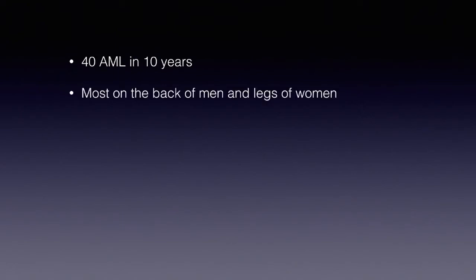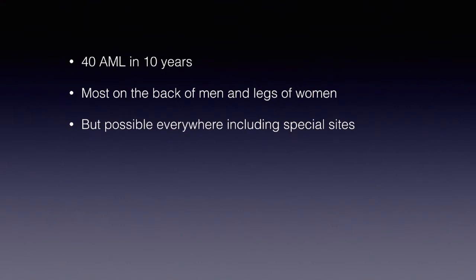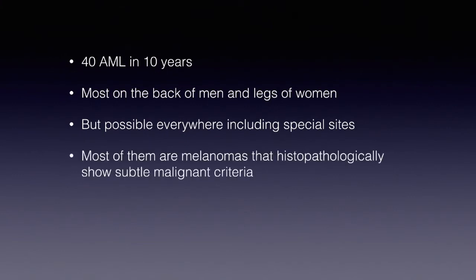What is also extremely interesting is that among these 40 atypical melanocytic lesions histopathologically, most of the lesions were located on the back of men or on the legs of women. But of course, it's possible that these kinds of lesions are located everywhere, including special sites, and I would like to give you a few examples.